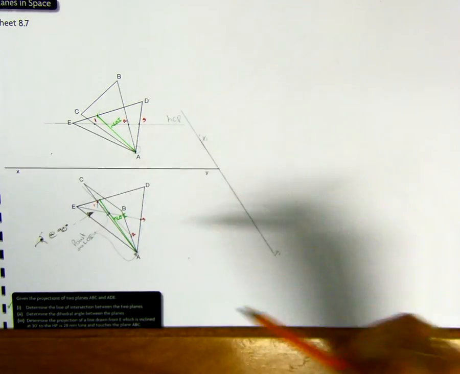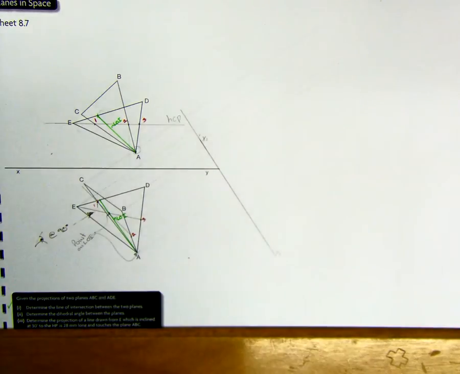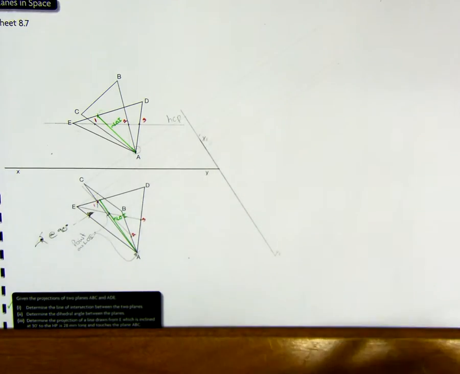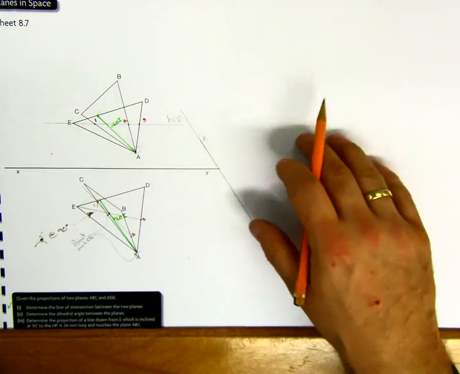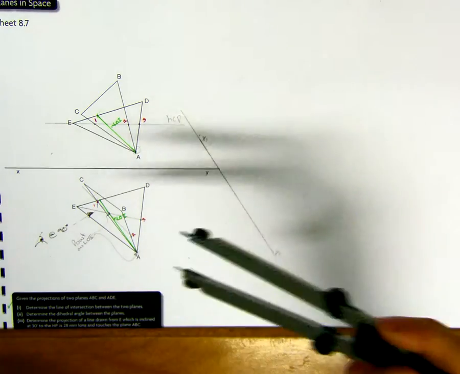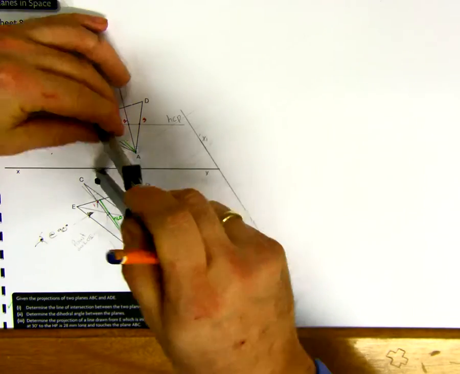So the first thing we start with is our line of intersection. We've projected an auxiliary elevation, so we have to take our heights from elevation. So go back, take our heights here.